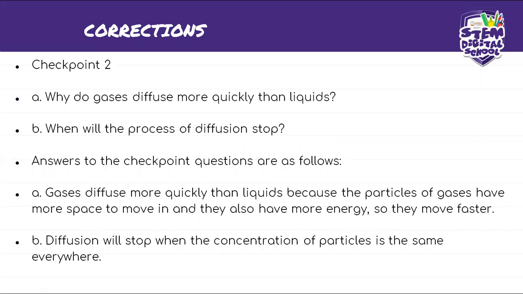The answer is gases diffuse more quickly than liquids because the particles have more spaces to move in, and they also have more energy, so they move faster. Did somebody get that? That's too much. And B, when will the process of diffusion stop? Diffusion will stop when the concentration of the particles is the same everywhere, or is equal. That's perfect.